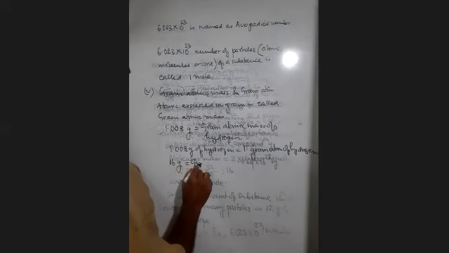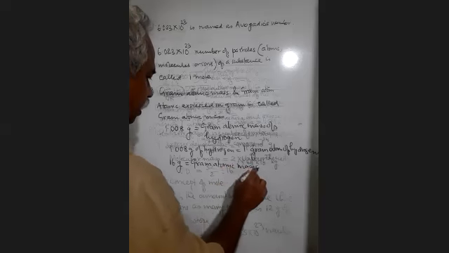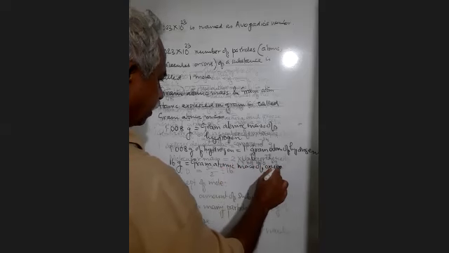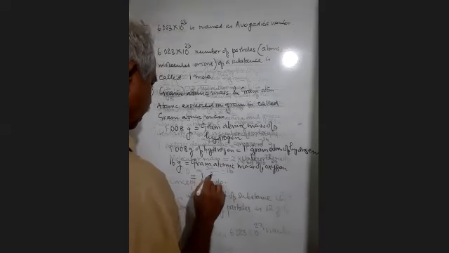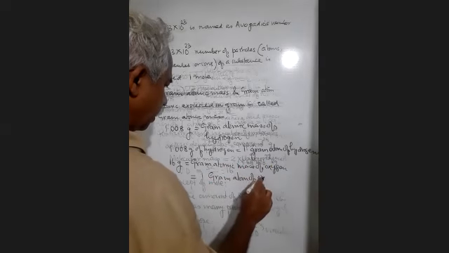If 16 is the atomic mass of one oxygen atom, if I put a gram here, then we'll call it gram atomic mass of oxygen, or equal to what? 1 gram atom of oxygen. So don't get confused.